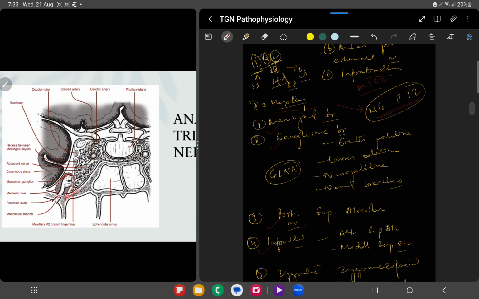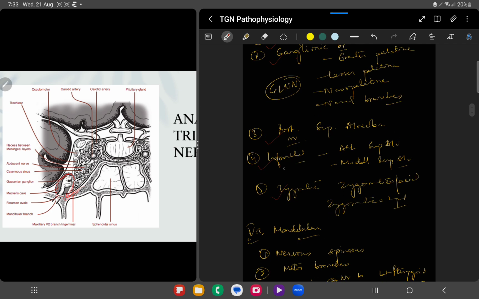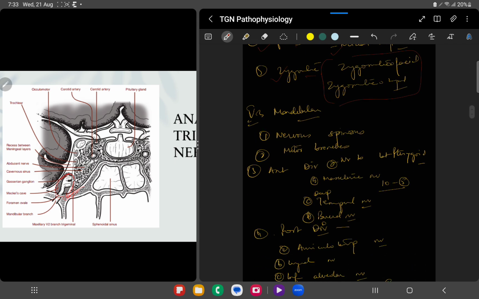Now these also have sub branches. In ganglionic, we can remember the branches by GLNN, that is greater palatine, lesser palatine, nasopalatine and nasal branches. In infraorbital, we have the other two branches, anterior superior and middle superior, whereas posterior superior is an individual branch coming out from the maxillary division. In zygomatic, we have zygomaticofacial and zygomaticotemporal.